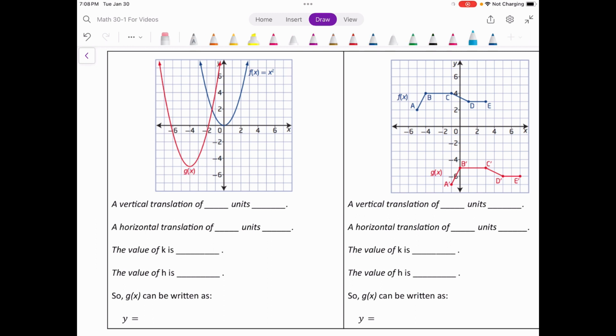So it looks like the vertex has been translated horizontally from 0 to -4, so that's 4 units left. And then from there, 1, 2, 3, 4, 5 units down to y equals -5, 5 units down, okay? So a vertical translation of 5 units down, a horizontal translation of 4 units left.